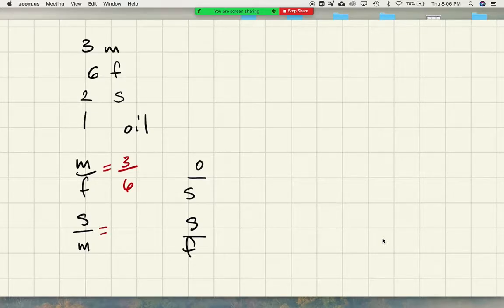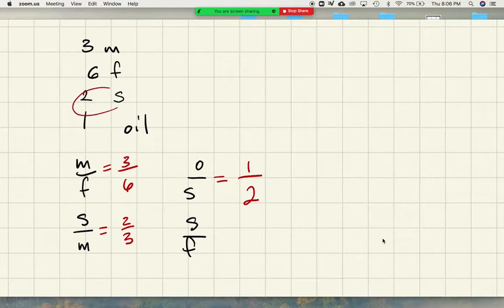The sugar over the milk, that would be 2 over 3. And then the oil over the sugar, that would be 1 over 2.